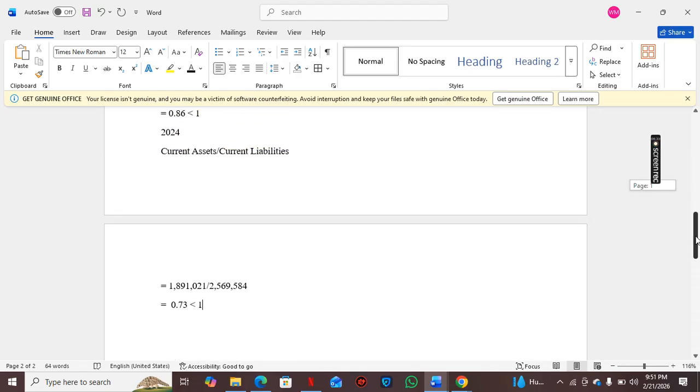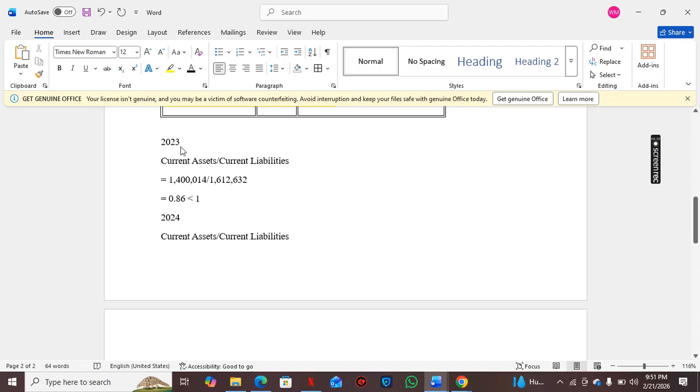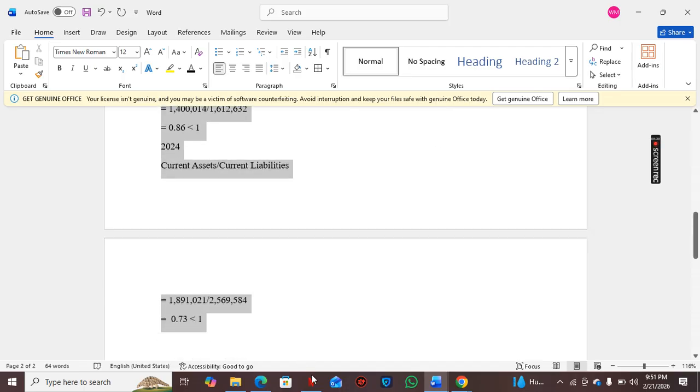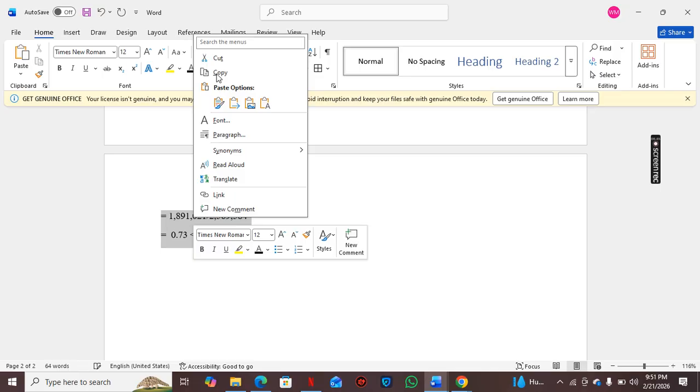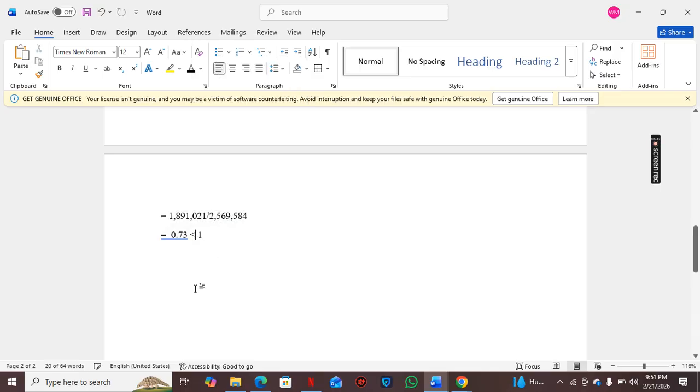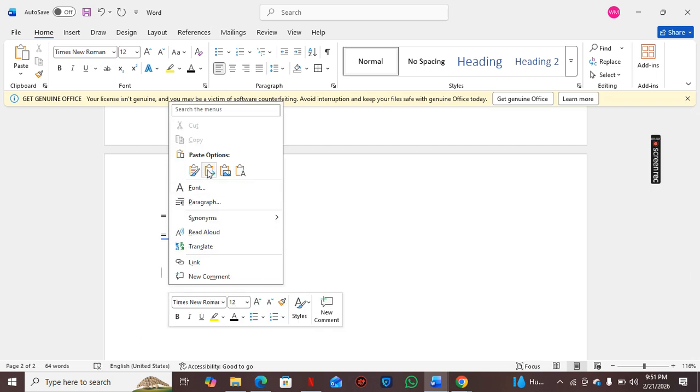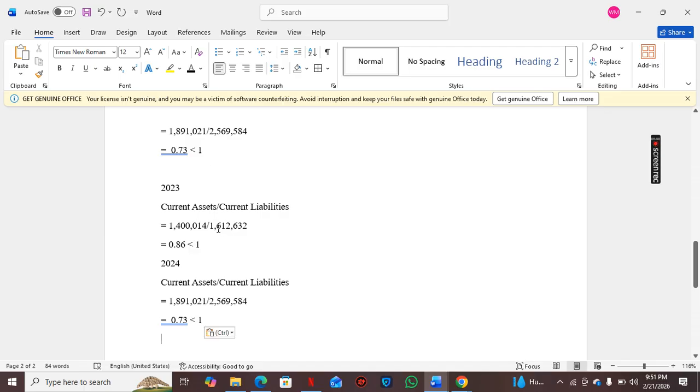The only difference is your current assets are going to be current assets minus inventory, over current liabilities.